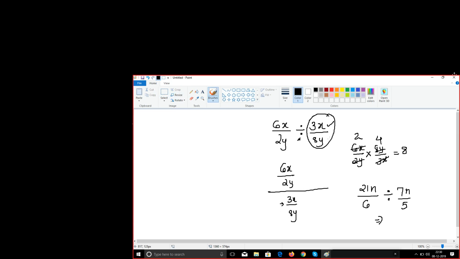So if the question is, in a word problem, 2x over 4y divided by 4x over 6y, then it's 2x over 4y divided by 4x over 6y, and this will get reciprocal.